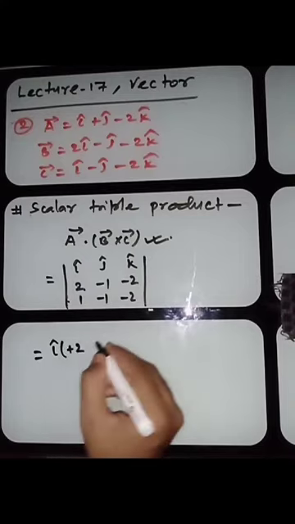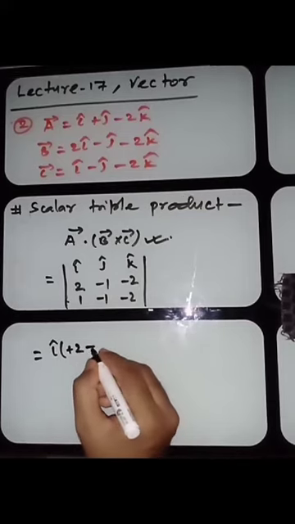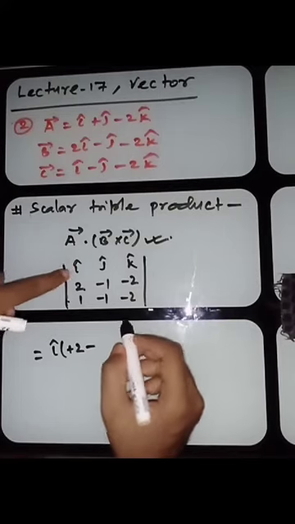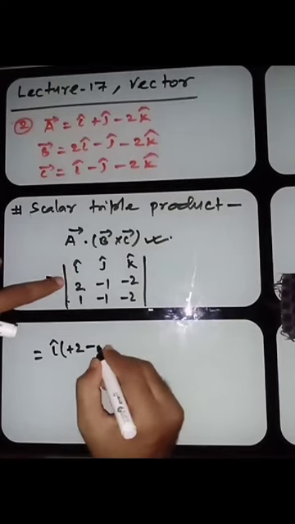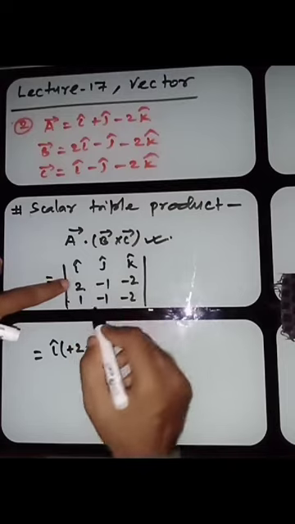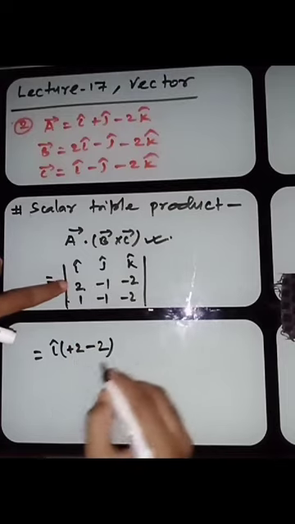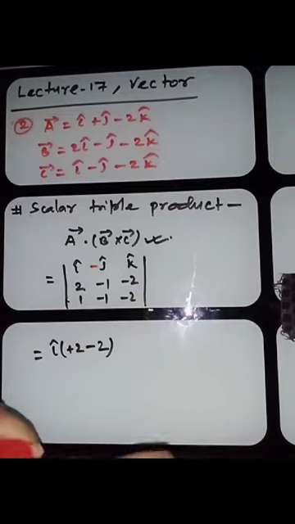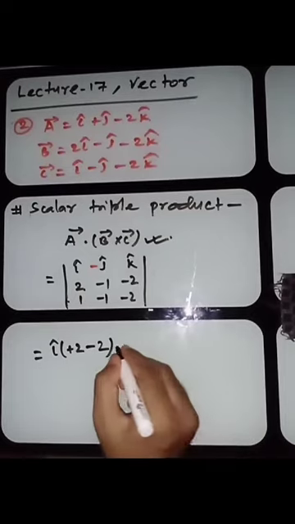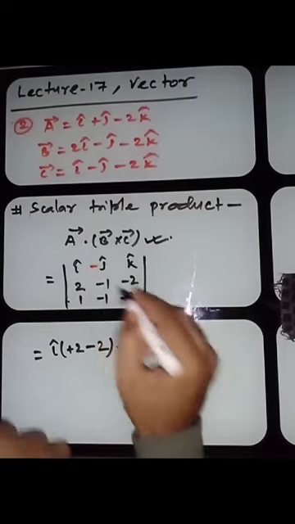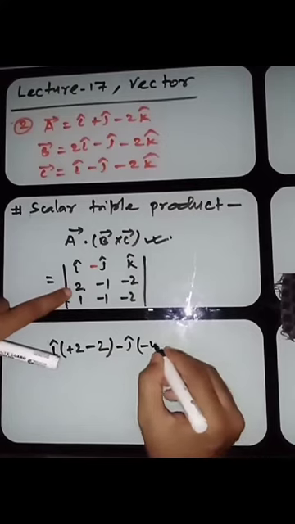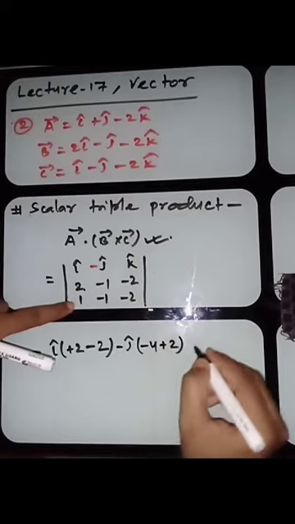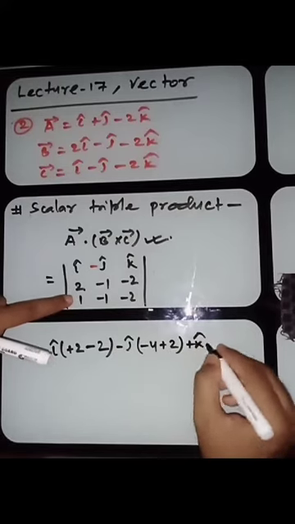Then for j we have to give the sign as minus j, so it is minus j, minus 4, plus 2. For the k, it is plus k.